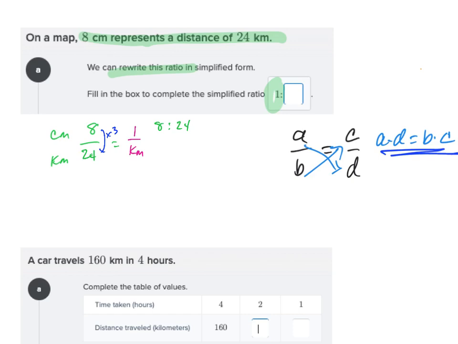Well, like we said, we're just going to multiply times 3, right? So that means you're going to have 1 times 3, which is 3. So that means you have 1 to 3. That's your ratio. Remember, a ratio can be written like this. A ratio can be written like this. Those are both ratios. Okay.